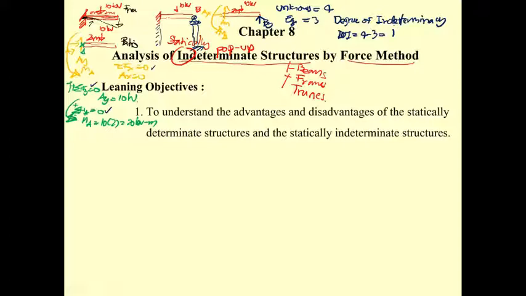To solve this, you need one more condition, and this is the extra force. So we will introduce the concept of the redundant force, and we set this one as the unknown.